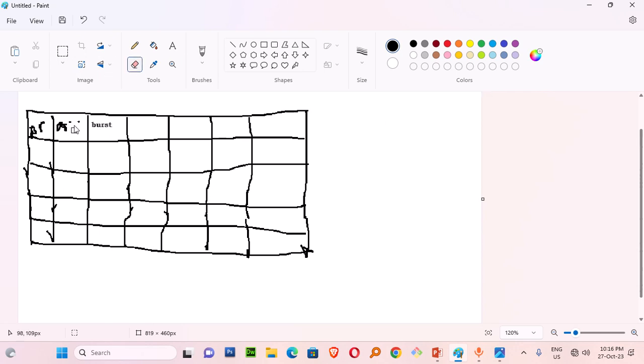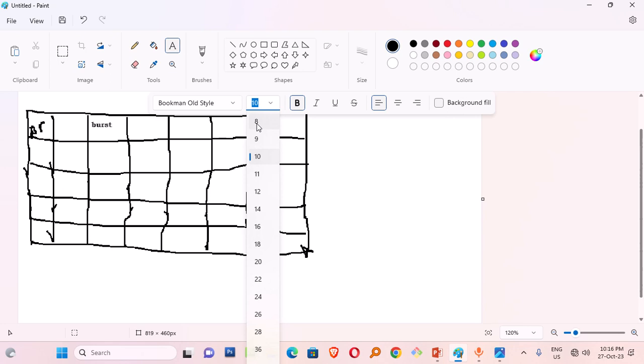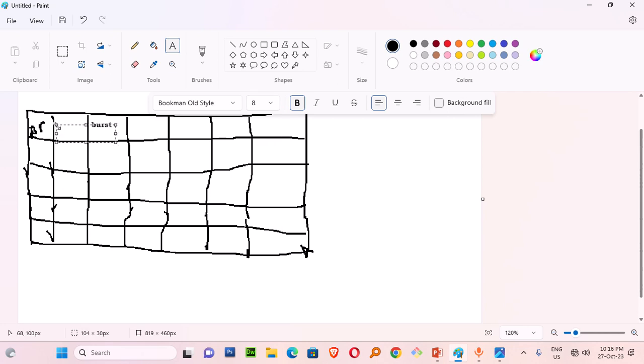Let me wrap this. This is the arrival time, because of the size of the box. Then this one here I will call the start time.